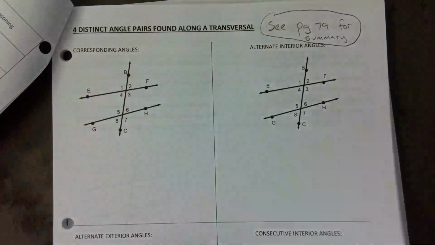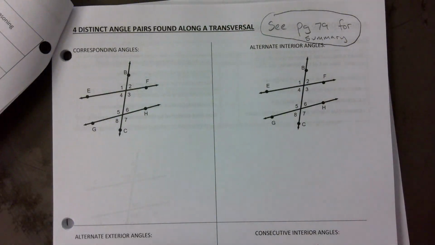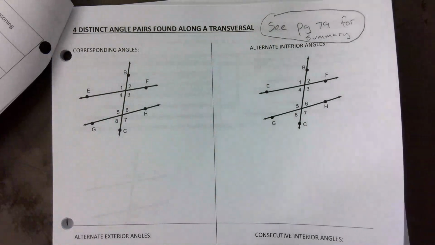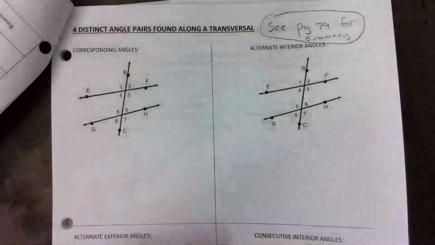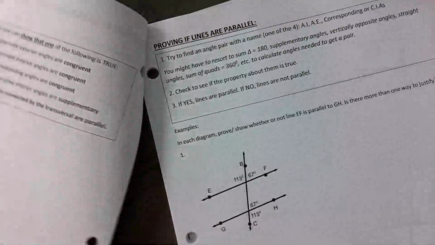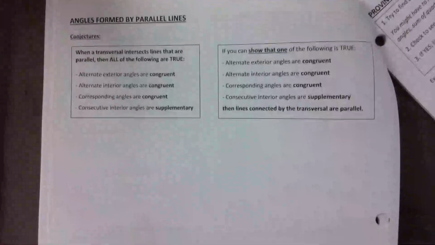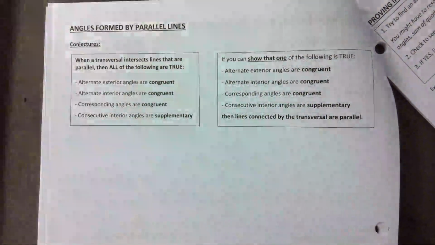Next, now we're going to do a little bit of a new concept, and then we're going to use those concepts to calculate and find the missing angles. We're actually going to come up with numbers. Okay, so let's go to page 6. Angles formed by parallel lines.